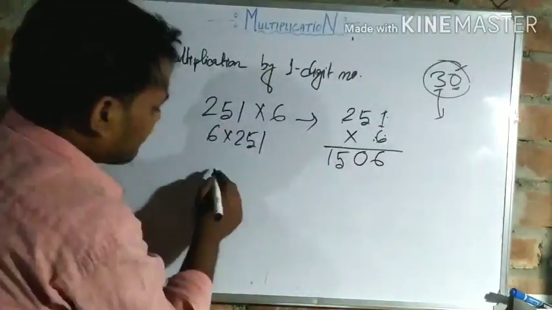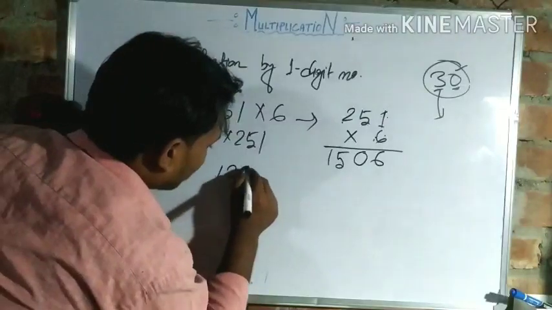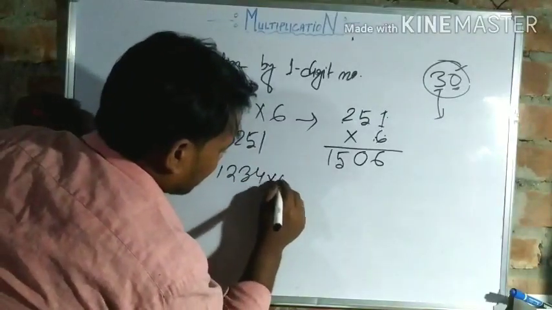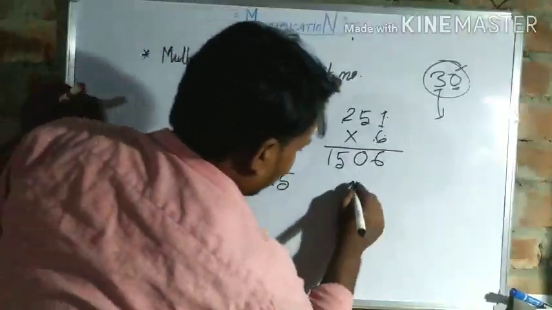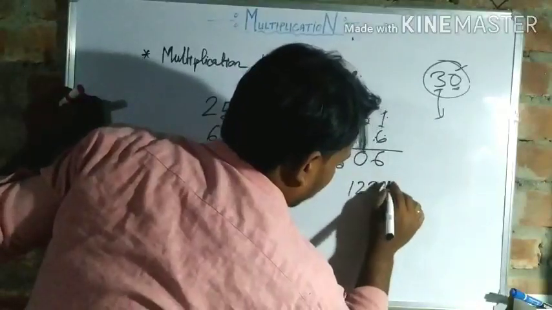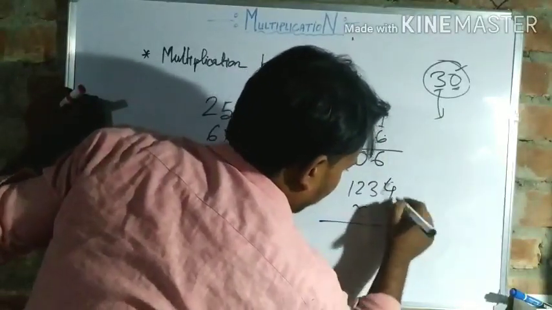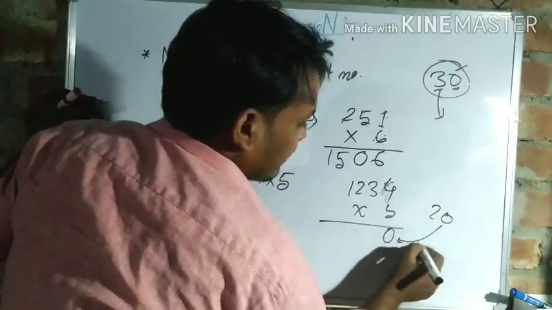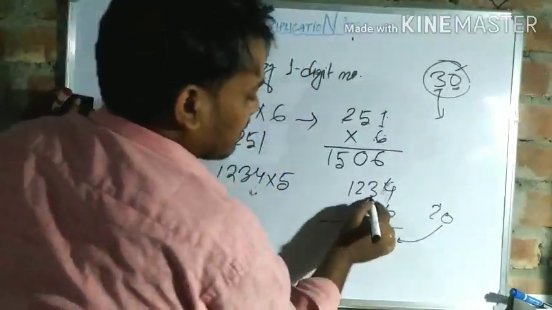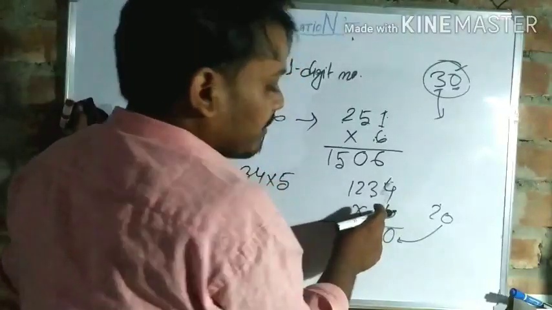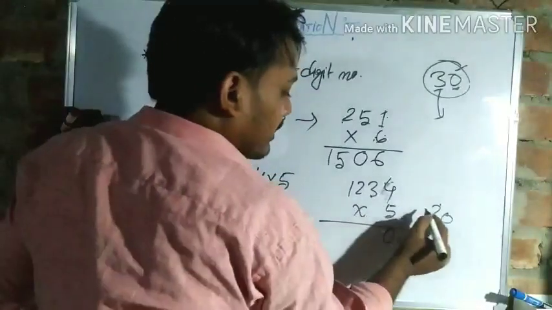If the first number is a 4 digit number, 1234 multiplied by 5, then similarly, 1234 into 5. So 5 fours are 20, a two digit number, so 0 sits here and 2 is carried over. 5 threes are 15, and what is the carry? 2.